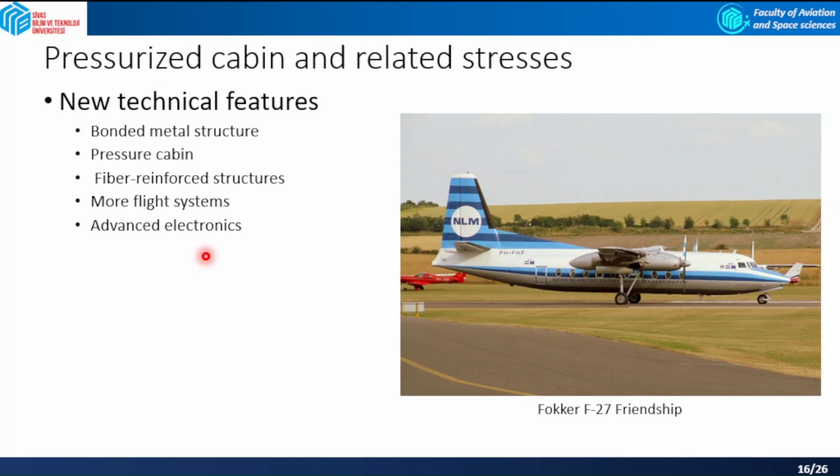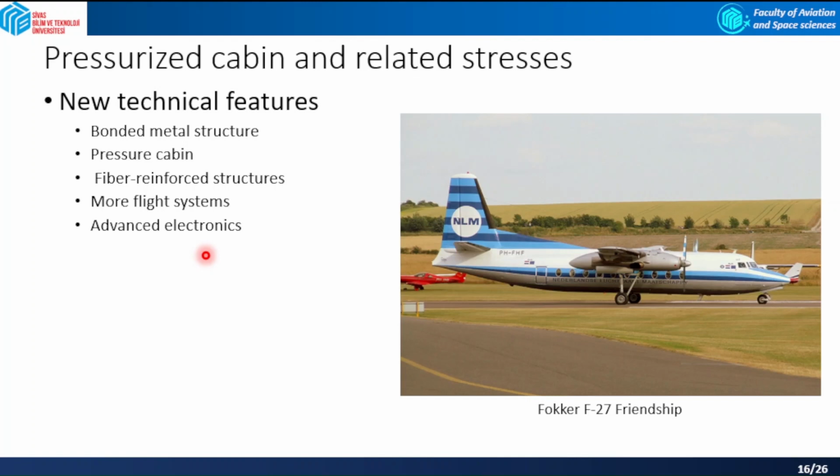So many new aircraft during this era were equipped with pressure cabins to facilitate high altitude flight, where, as I said, the air density is very low.